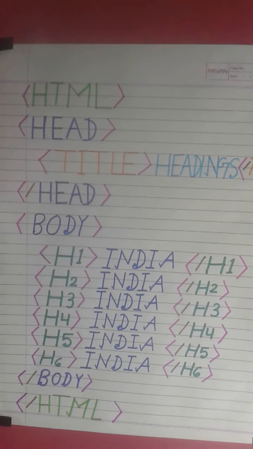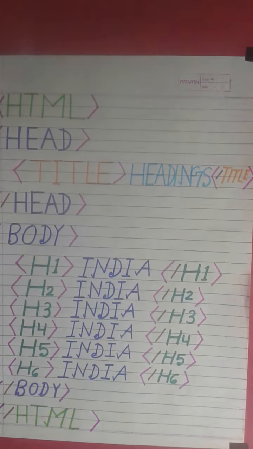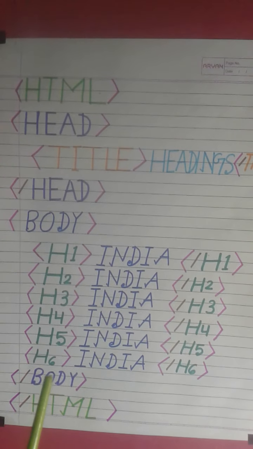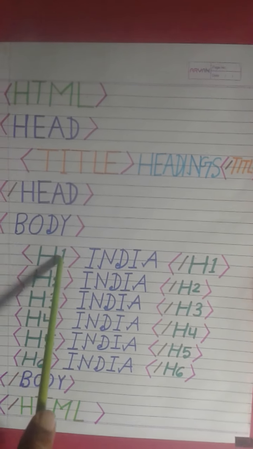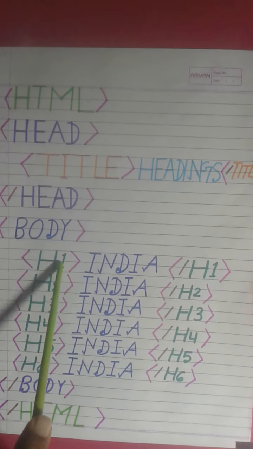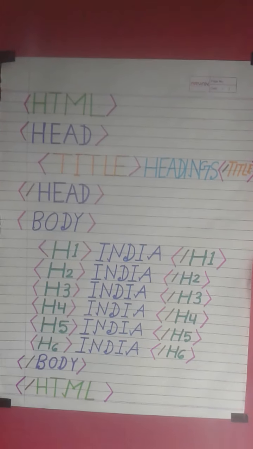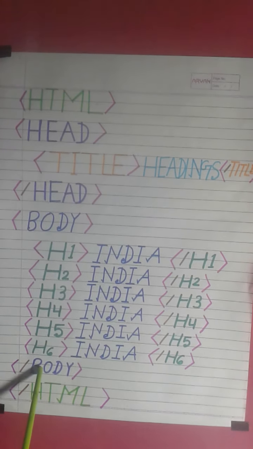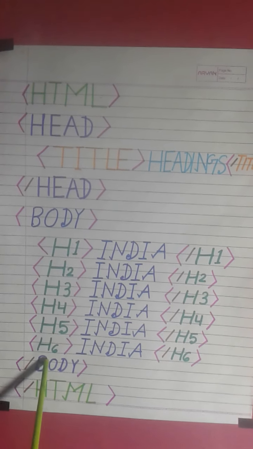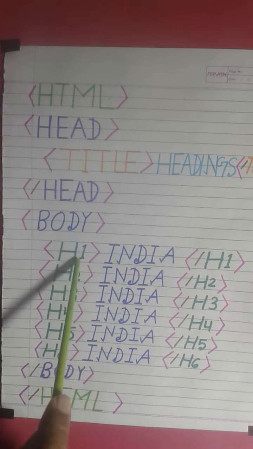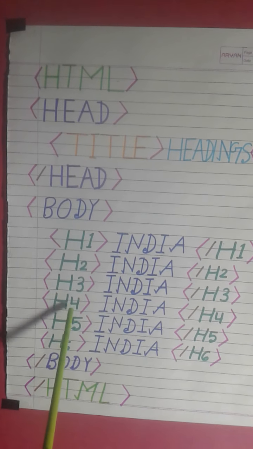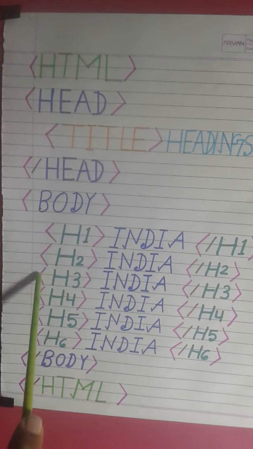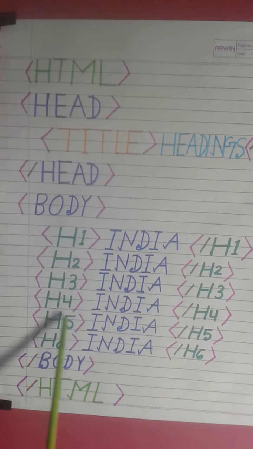It is therefore necessary to differentiate between these types of heading with different sizes for them. HTML has 6 levels of headings, H1 to H6, and you can see here H1, H2, H3, H4, H5 and H6. These are the different levels of heading.